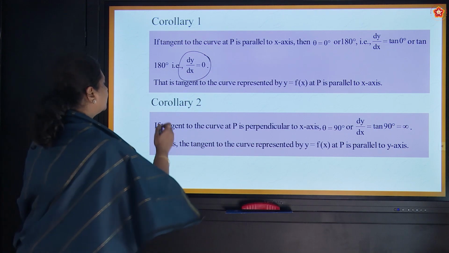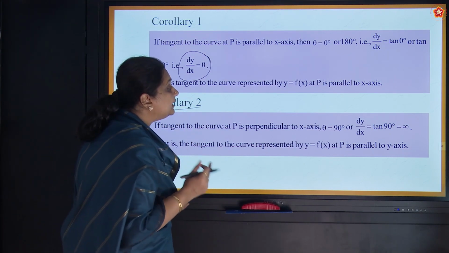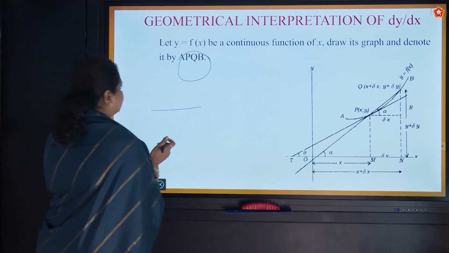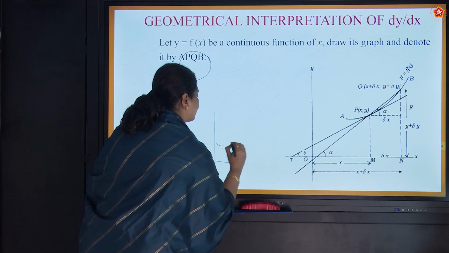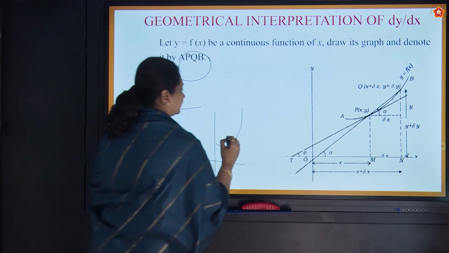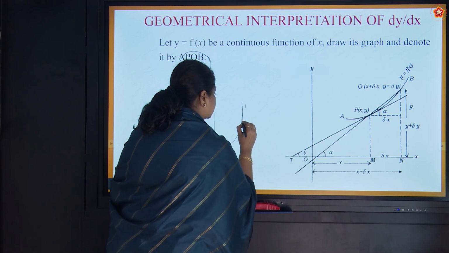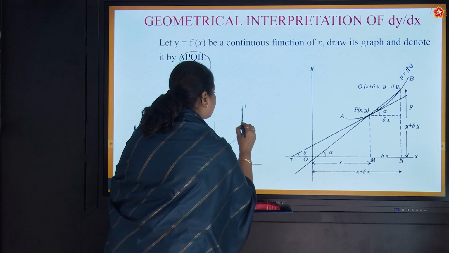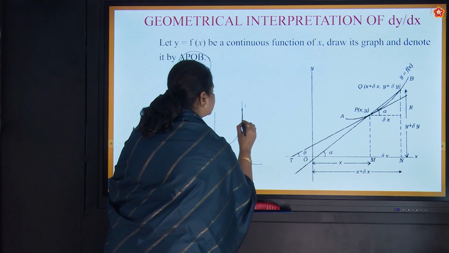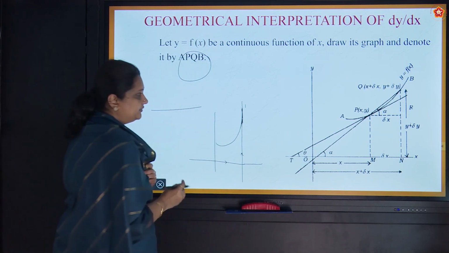Now, the next corollary, what does it say? If a tangent to the curve is perpendicular to the x-axis, let's understand this. So let me have a curve like this. I draw a tangent to this curve at this point. It's a freehand diagram, so it might be a little deviated.